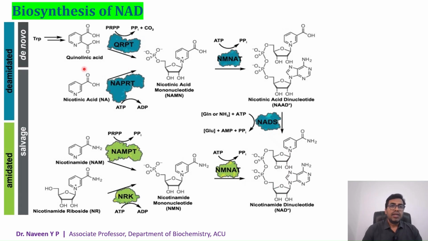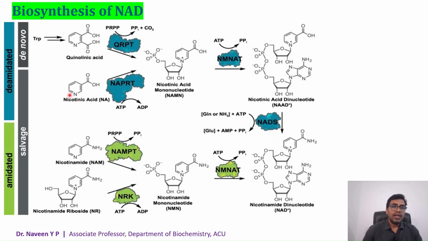Now, this is the de novo pathway where quinolinic acid goes to nicotinic acid mononucleotide, then nicotinic acid adenine dinucleotide, and finally into NAD. Now, the salvage pathway from nicotinic acid also uses the same pathway, but the substrate is not quinolinic acid but nicotinic acid, which is a form of vitamin B3.